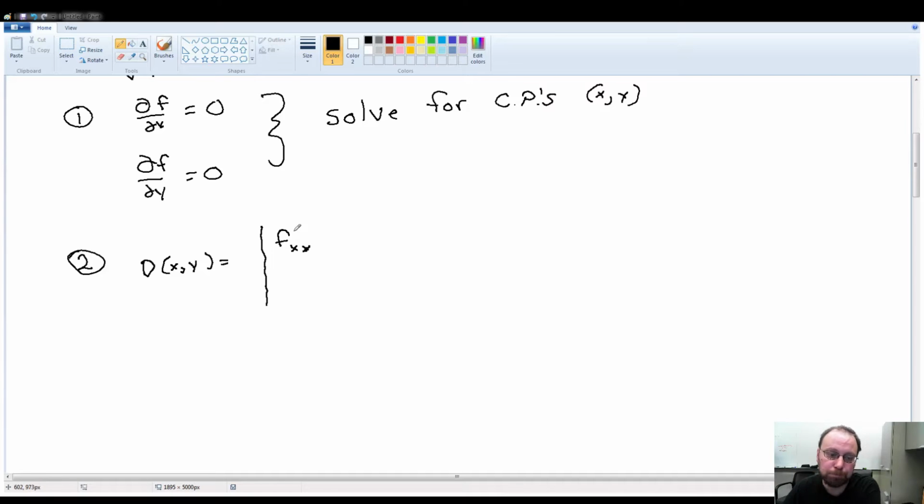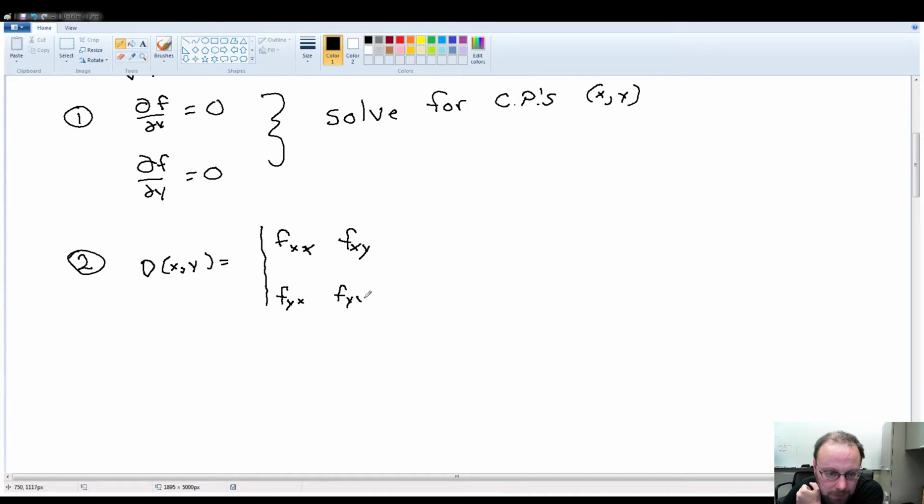So, fxx, for example, means second derivative with respect to x, or differentiate f twice with respect to x. That's supposed to be fxx, sorry. Then you have fxy, fyx, and by the way, if your function f is smooth enough, the mixed partials would have to be equal.